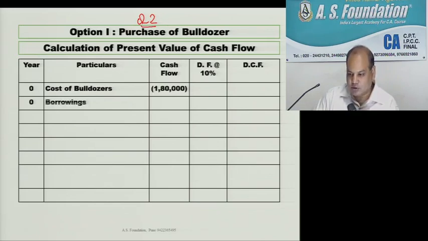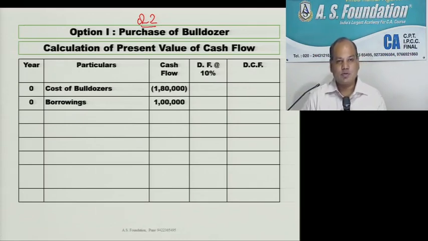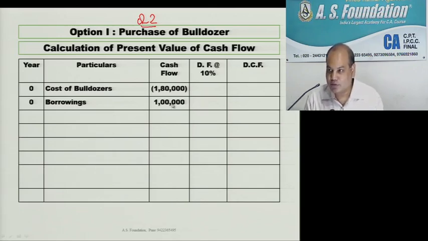And in year 0, borrowing is 1 lakh. Do you want to write 80,000 rupees investment from our own pocket? No. The difference 80,000 is itself your own investment. So we are investing 80,000 rupees in the bulldozer. The difference itself is our own fund. Sometimes students write own investment 80, then the amount will become 0 here.